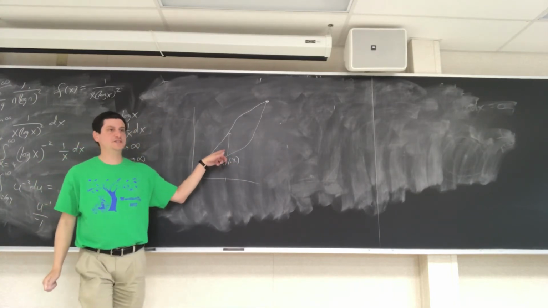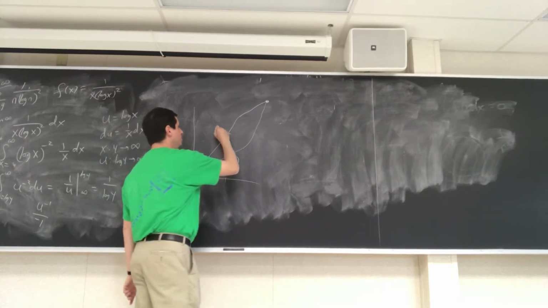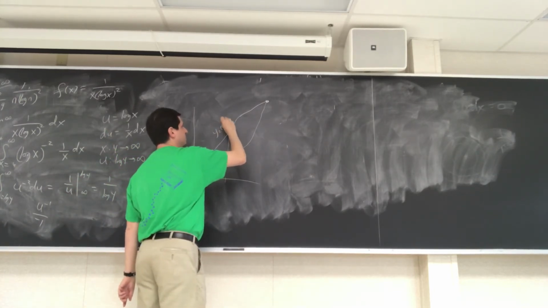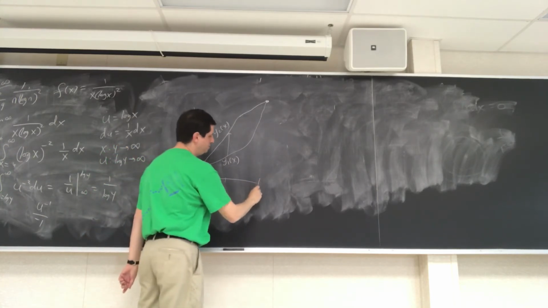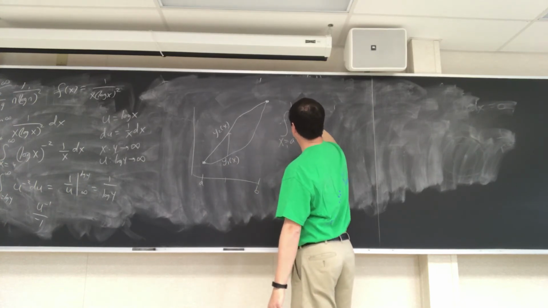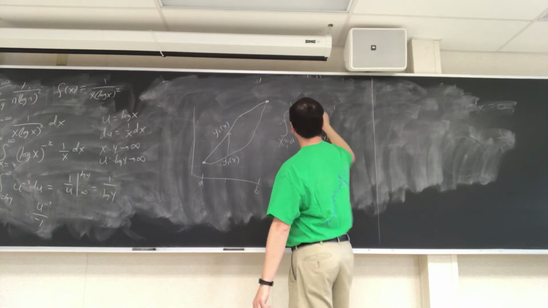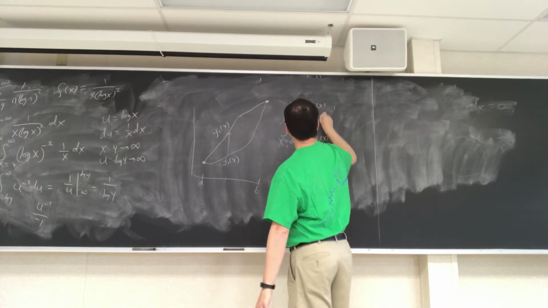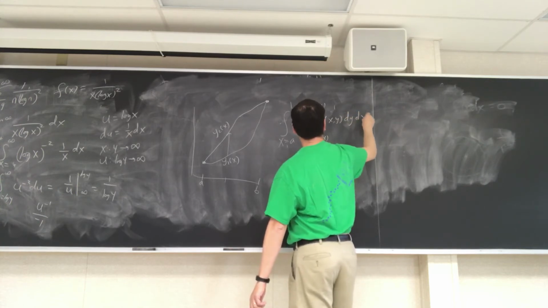You give me an x, and this gives me the lower bound for where I start. And then the top would be y2 of x. And if this is a and this is b, then I would have the integral x goes from a to b, the integral y goes from y1 of x to y2 of x, f of xy dy dx.